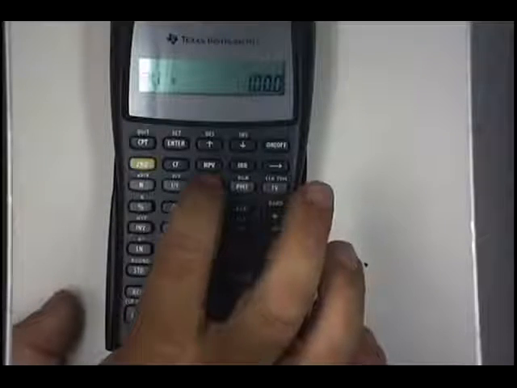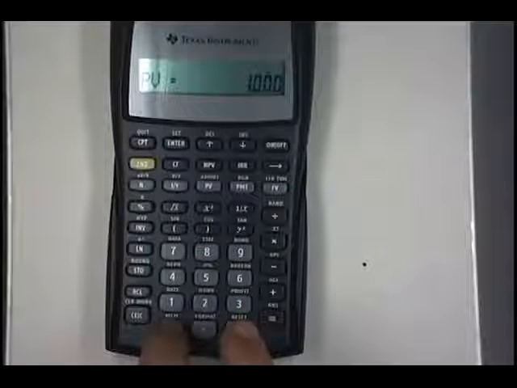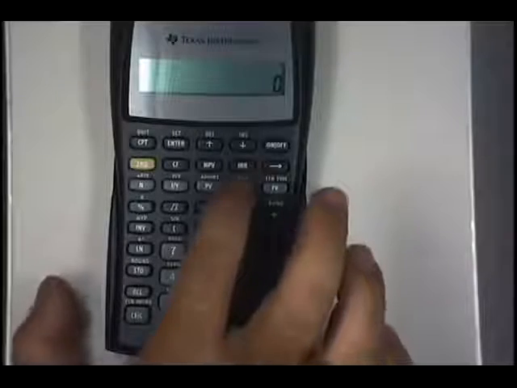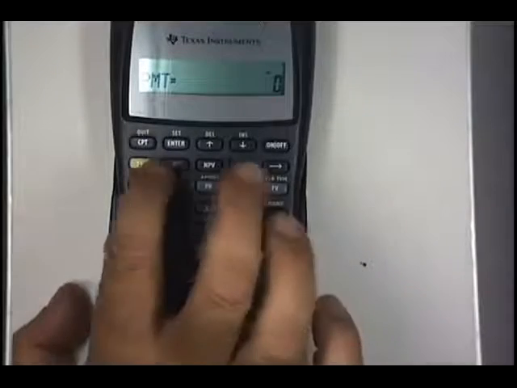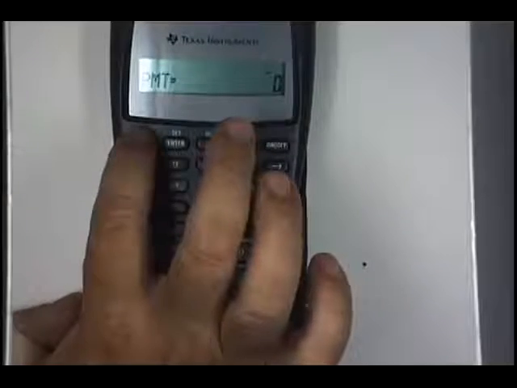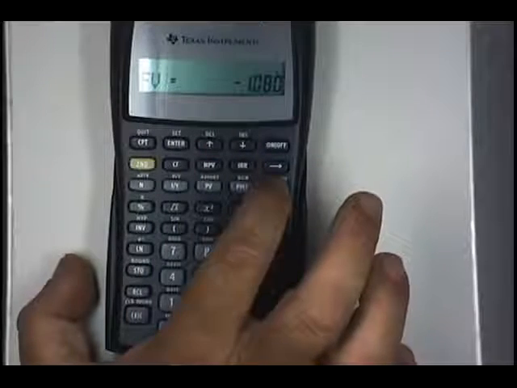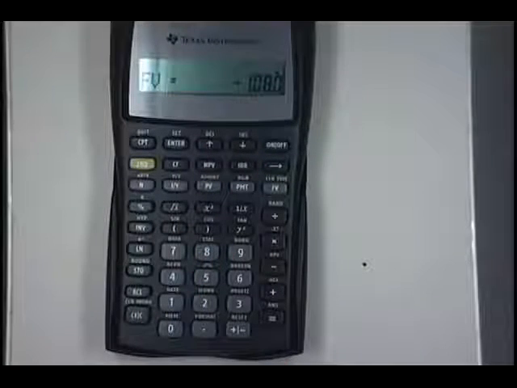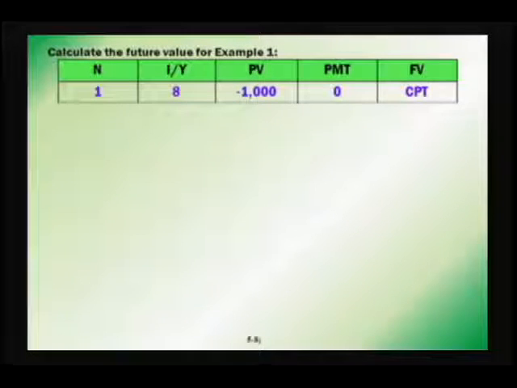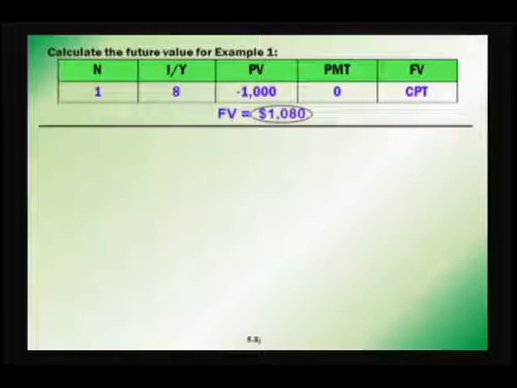That is my present value. My payment is 0. I'm not adding anything in between the present and the future. So just to be safe, we can enter that 0. And then we compute a future value. Hopefully you came up with 1,080. My future value is 1,080.